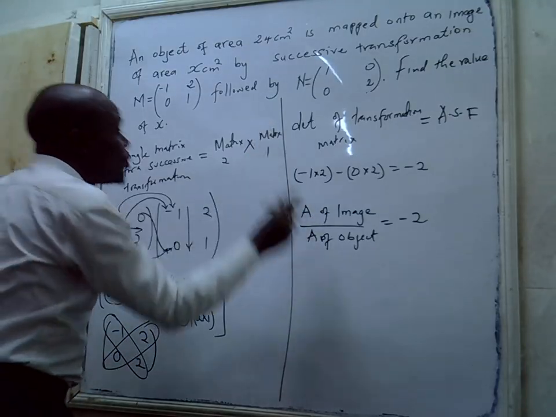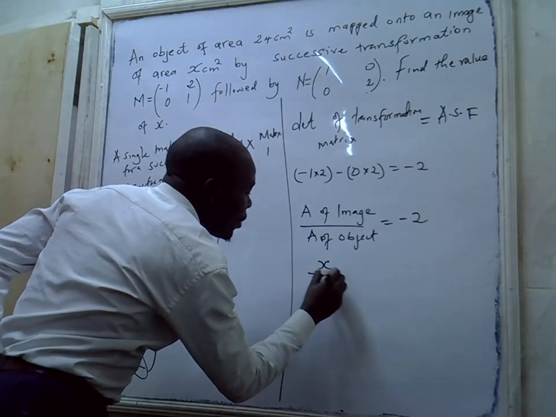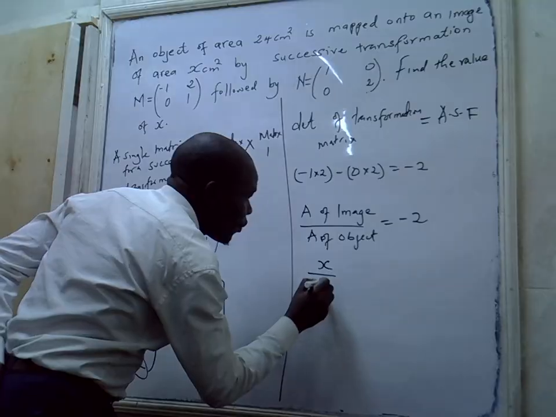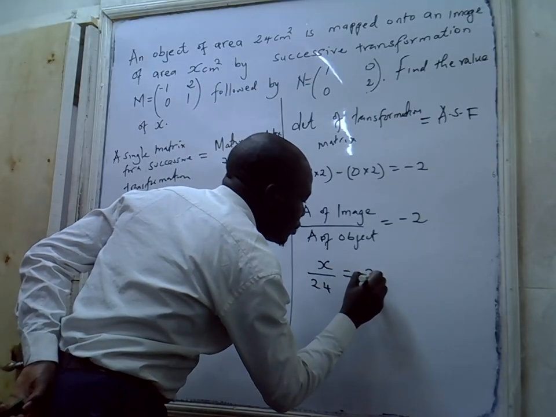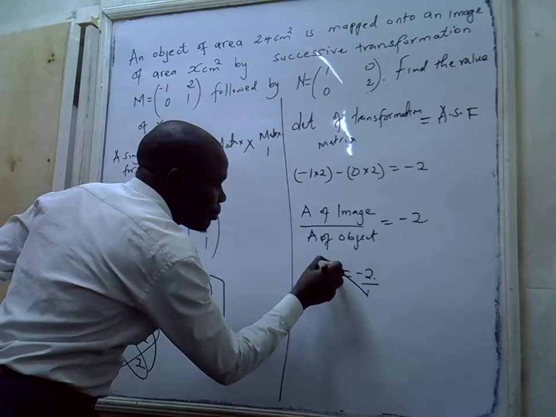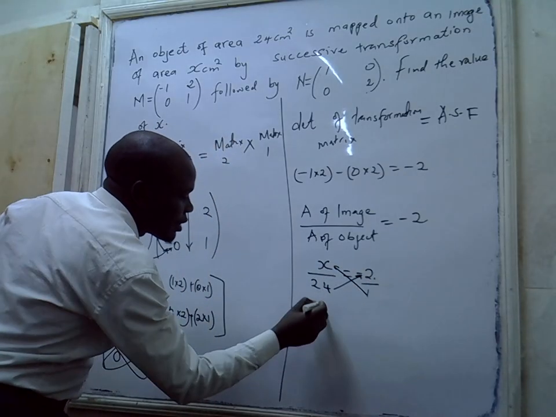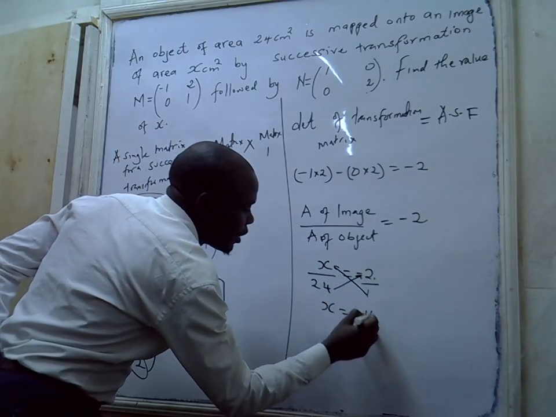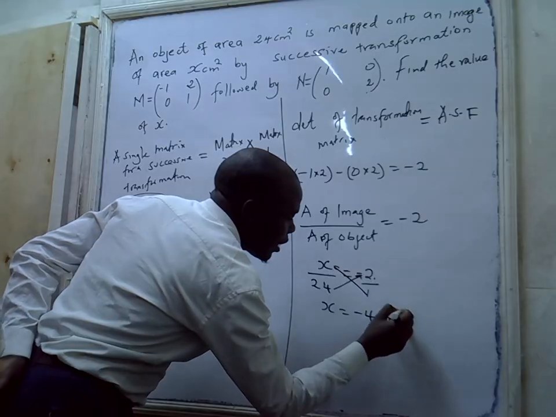Therefore, area of the image was given to be x, divided by area of the object, which was given to be 24, to give us negative 2. Have this over 1, then we cross multiply to give us x is equal to negative 48 centimeters squared.